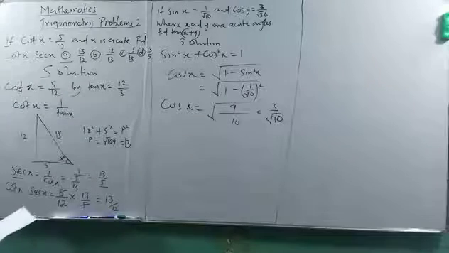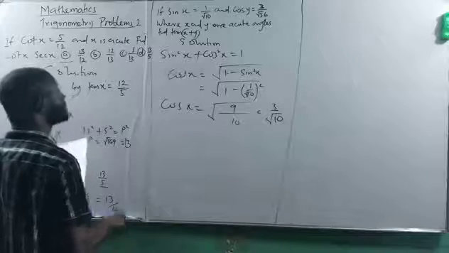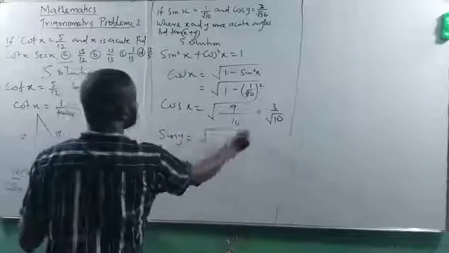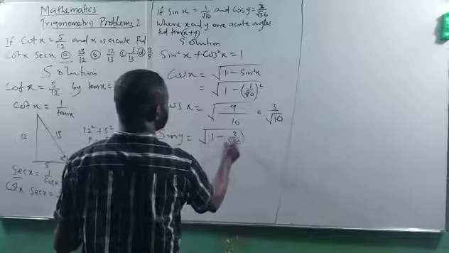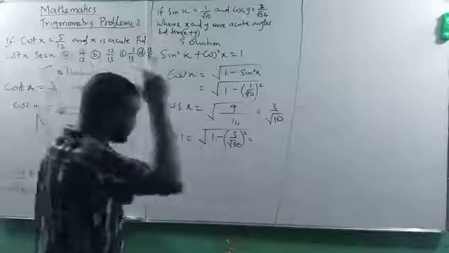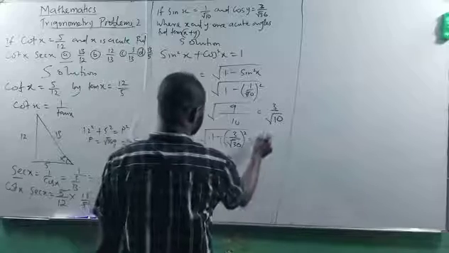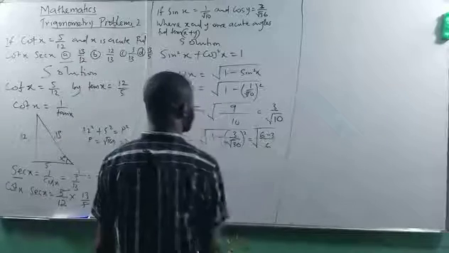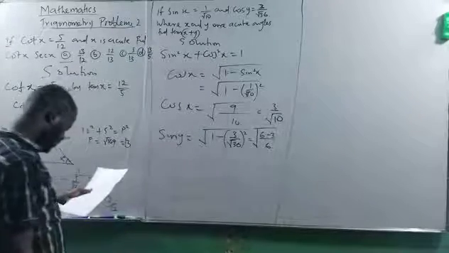Now, since it's my cos, I can now say that at this junction, I can say that likewise sine y will be equals to 1 minus all over root of 36 squared, which also becomes 36 minus 36, that will be root of 36 is 6, that will be 6 minus 3 all over 6 all roots, which I'll be having 3 root 6, if I'm not making any mistake.